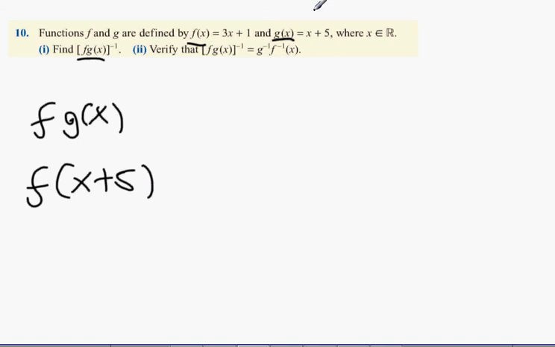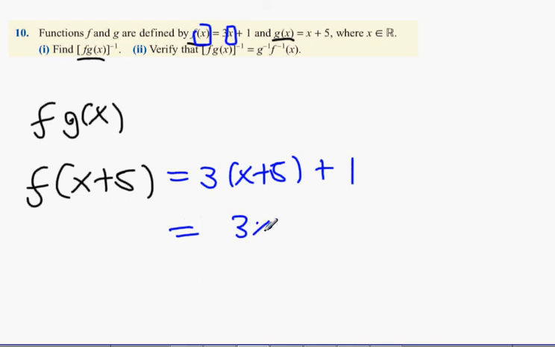This means replace whatever is in the box with whatever is now there. It's going to be 3 times (x plus 5) plus 1, which is going to be 3x plus 16. Now that you've got this 3x plus 16, what do you have to do with it now? You have to inverse it.